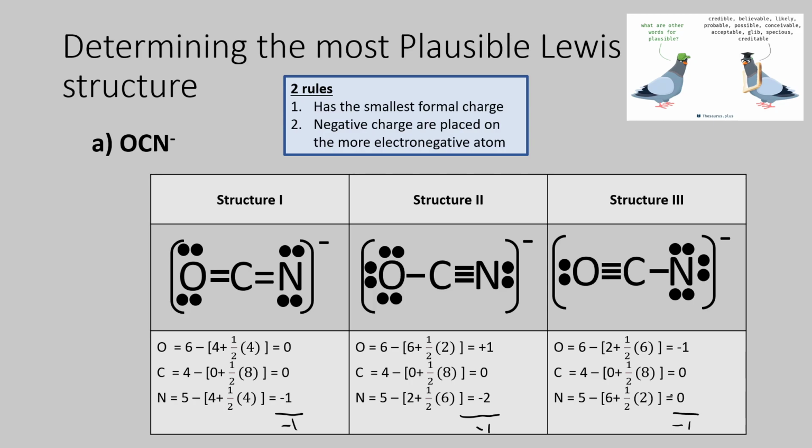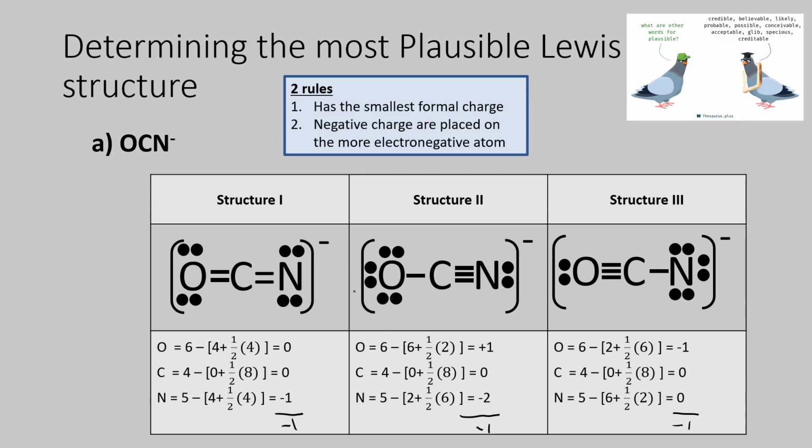So kita check kita punya formal charge calculation dah betul, sebab kita dapat charge dia sama. So kita nak cari yang the most plausible, kita tengok yang semua kosong. Alamak, tak adalah pula semua kosong.